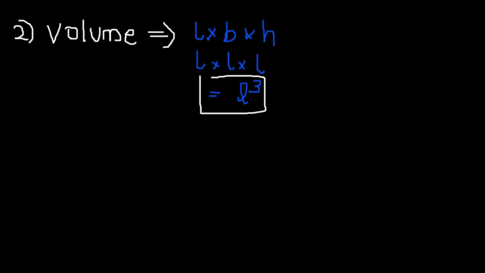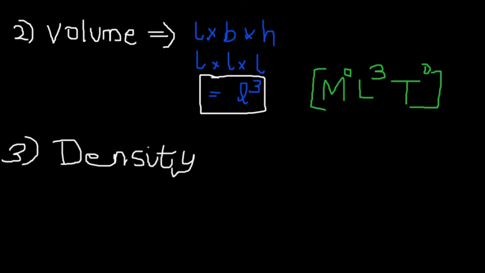This is our dimensional formula for volume. If you represent it in M, L and T form, we would get M power 0 L cube T power 0.